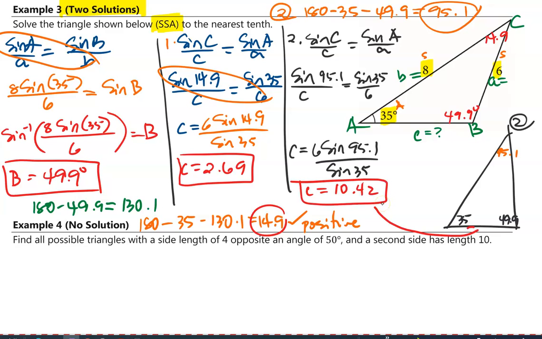So that is side C here, and this 2.69 is here. Okay, so that is example number 3.